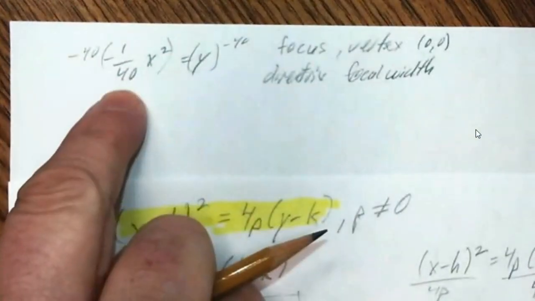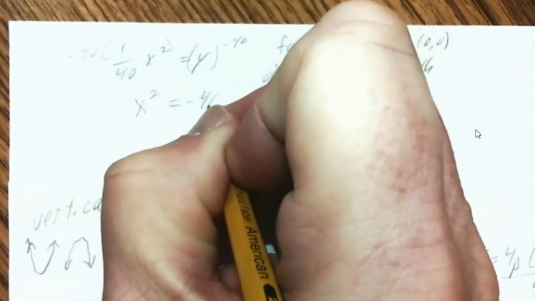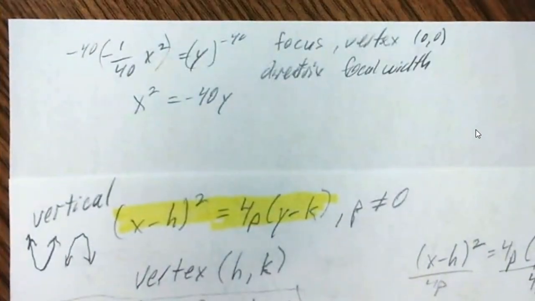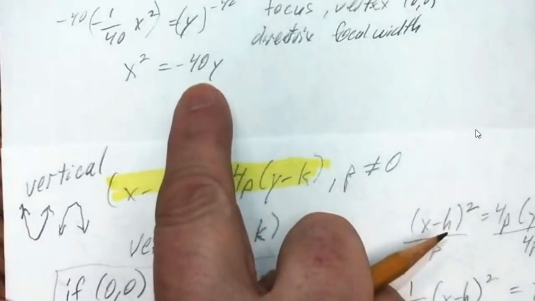And if I multiply -1/40 by -40, which means I need to do it to both sides, -40 times -1/40 is just a +1. So that's just 1x squared. And over here, I've got -40y.